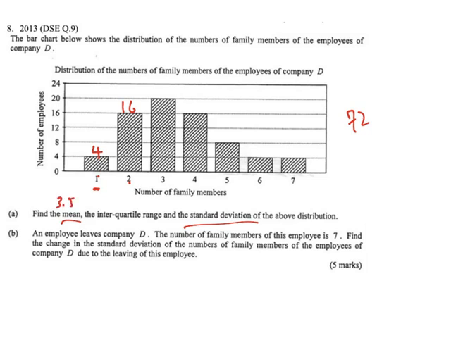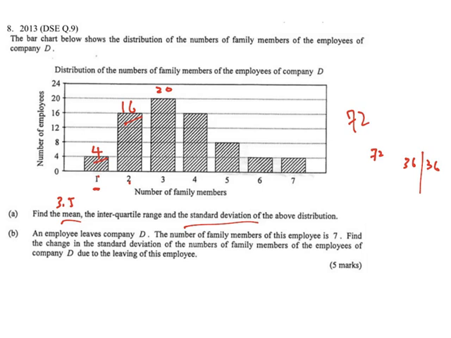Interquartile range. Because there are 72 data, 72 divided by 2, that means there are 36 and 36 in the middle. So you can see for 36, this one plus this one is 20.